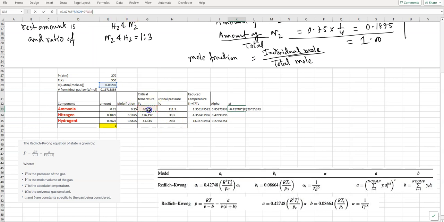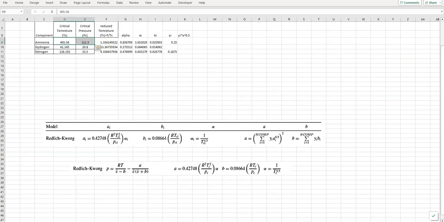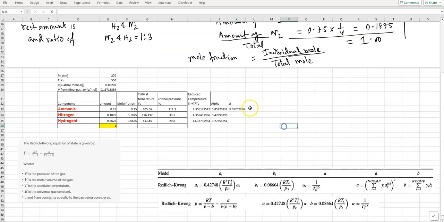TCI is here, that is squared, divided by PC. PC is here, and then this whole thing into alpha I. Alpha I is here. If you do that, we'll get 3.65202.926. Already I calculated one. Okay, fine, that is correct. Now if we drag that, we'll get AI.